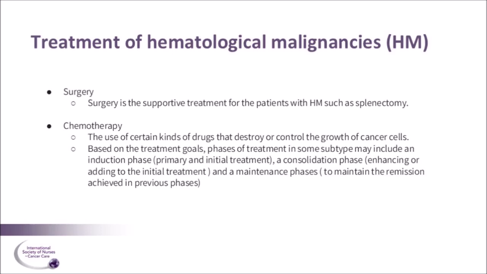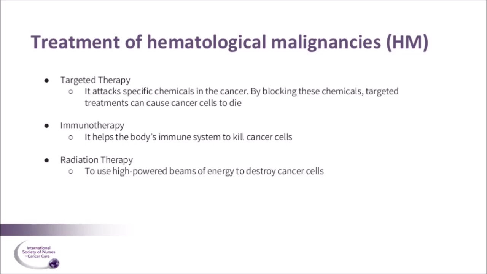Based on the treatment goals, phases of treatment in some subtypes may include an induction phase, primary and initial treatment, a consolidation phase, enhancing or adding to the initial treatment, and a maintenance phase, to maintain the remission achieved in previous phases. The treatment goals and phases vary depending on the subtype of cancer.